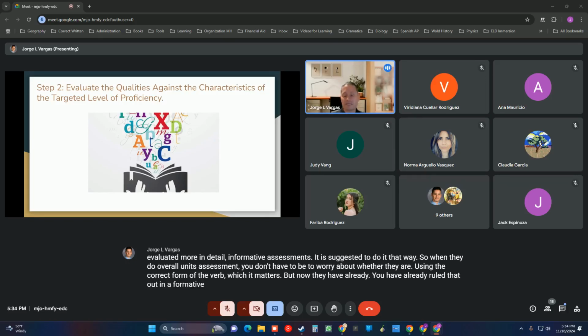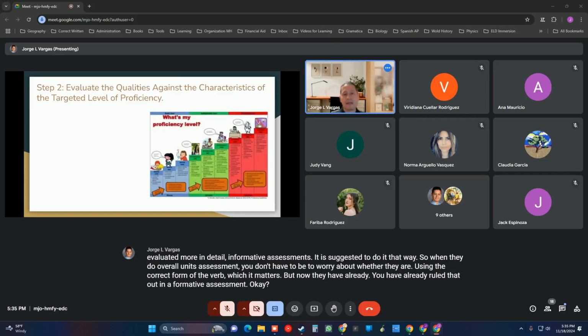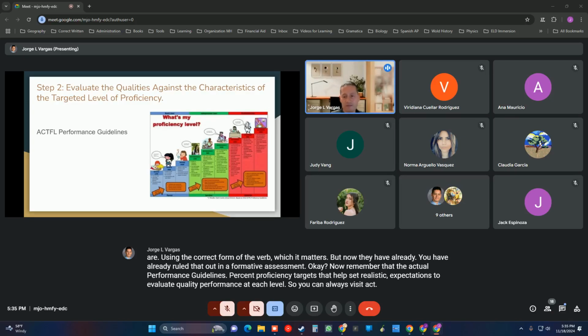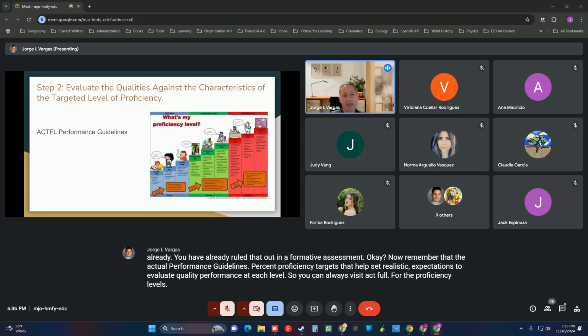I would have something like this image close to my desk as I'm preparing an assessment, preparing a rubric, so I can remind myself what a novice low, novice mid, novice high should be able to do, right? What an intermediate low, intermediate mid, intermediate high should be able to do. That way, I can match those expectations in my rubric. Okay, and this information can also be found in the California World Language Standards as well. All right.